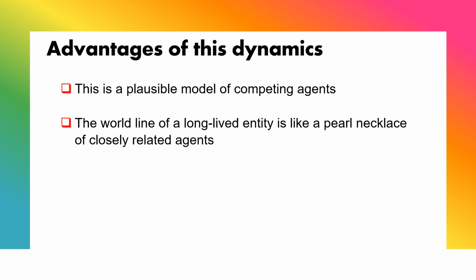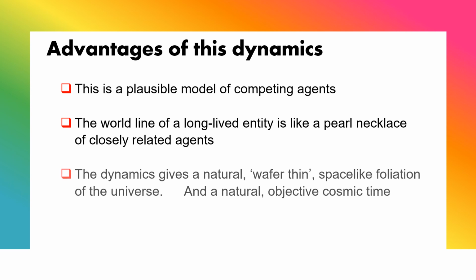For example, a rabbit exists over time. It hops from one location to another, ingesting food and excreting. Each moment of its existence is an entangled state. Moreover, this state is very closely related to prior and subsequent states.